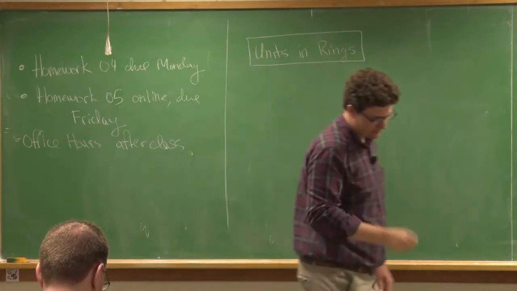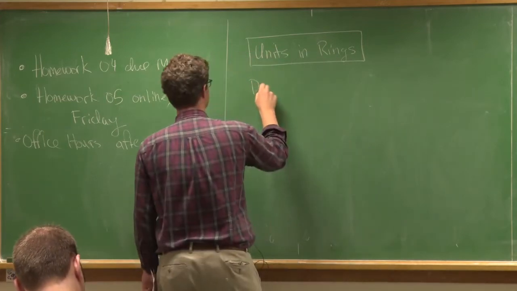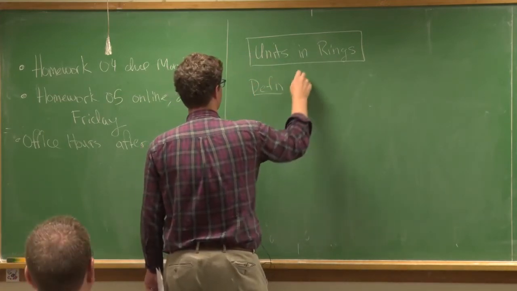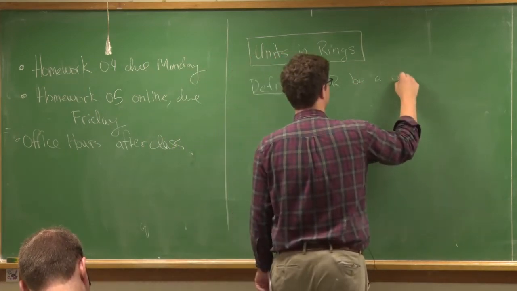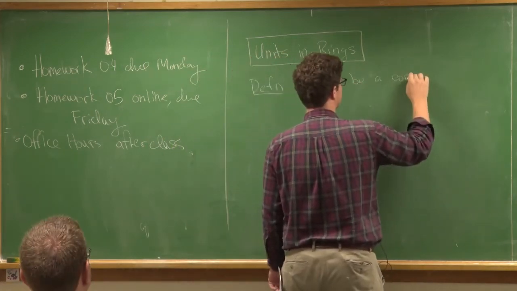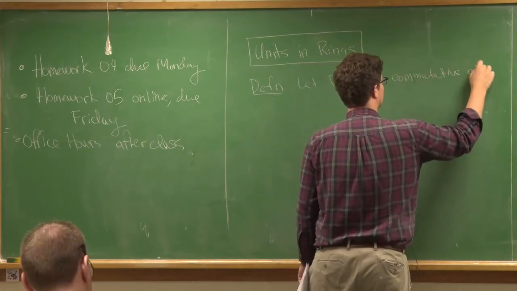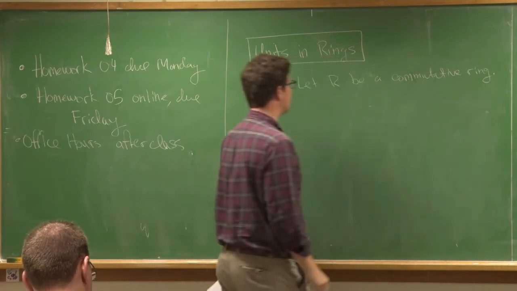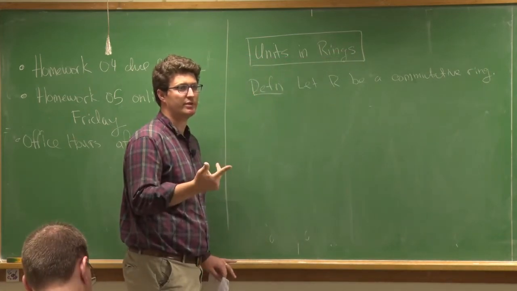Okay. So let me give you the definition. Let R be a commutative ring. In this class, all rings are going to be commutative. Again, a ring has two binary operations, a plus and a times, and both of them are commutative in this case.